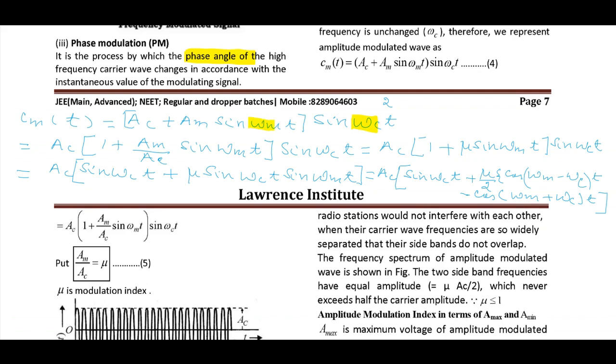Omega m is the frequency of the signal. Before modulation, there were only two frequencies, omega c and omega m. After modulation, we have three frequencies. One is omega c, the other frequency, you can say, should be omega c minus omega m.